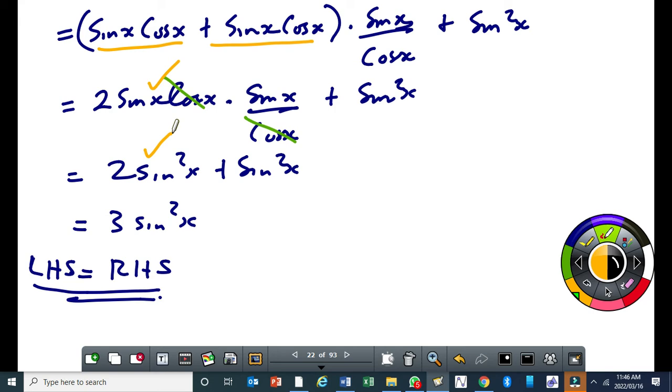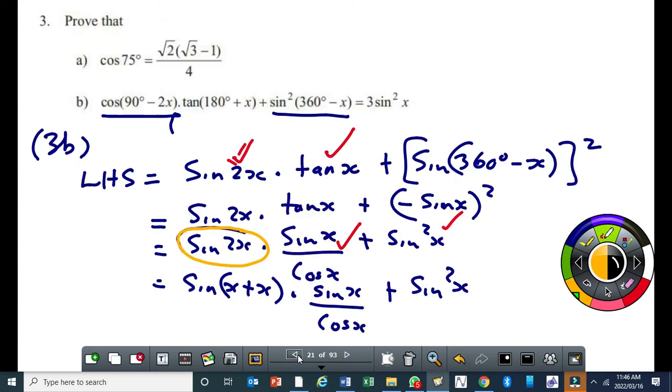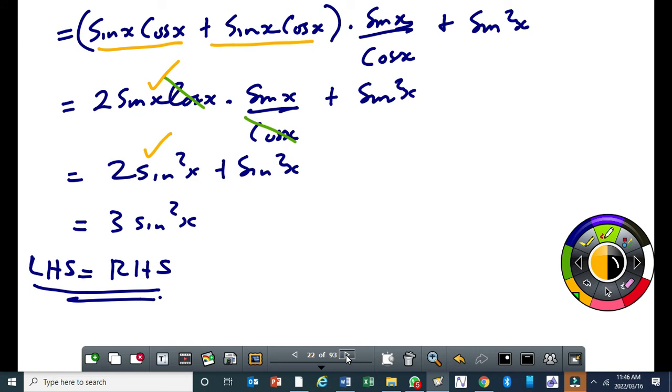Please be aware that you can convert directly from sine 2x straight away to 2 sine x cos x. It's an identity, called a double angle identity for sine, which I'll talk about later, but just now actually.